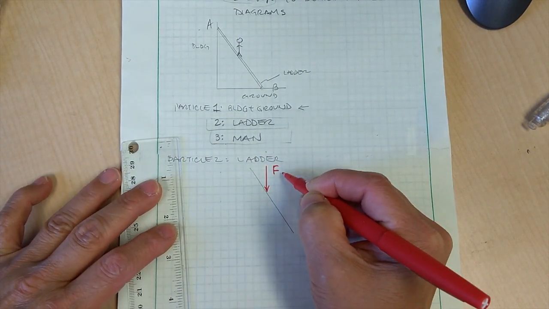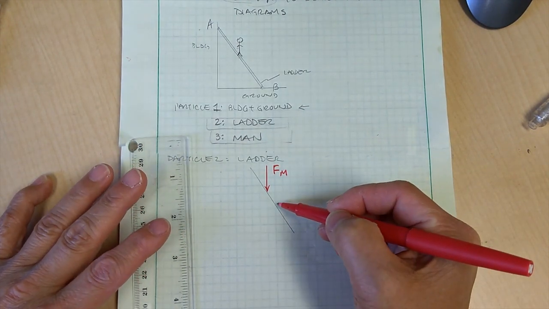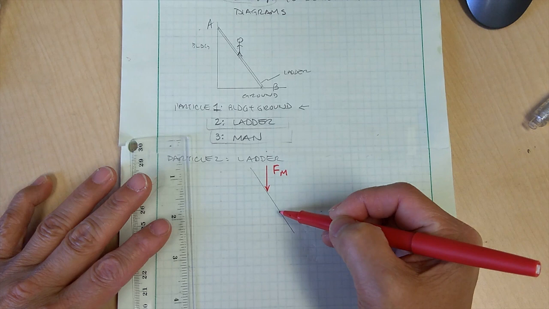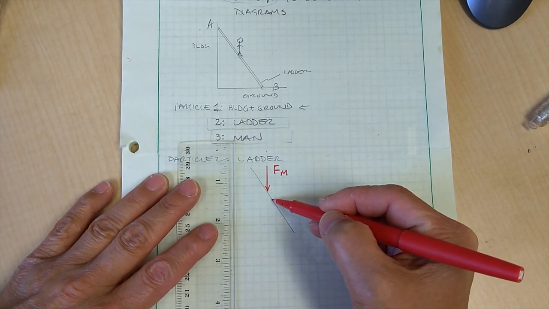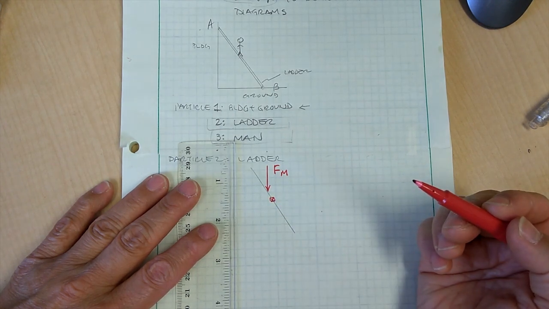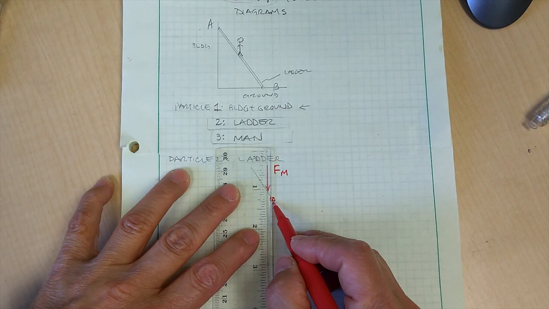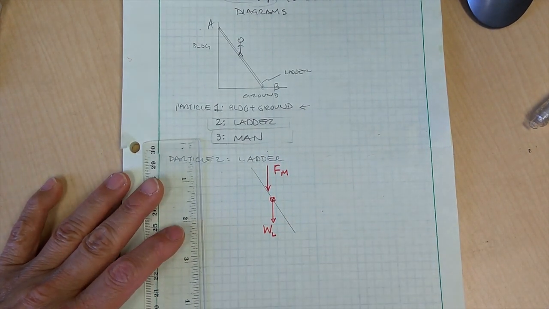That would be F of the man. And also there's the weight of the ladder itself that we have to take into consideration. We'll assume that it acts at its CG, the symbol for the center of gravity. So we'll say that's the weight of the ladder.